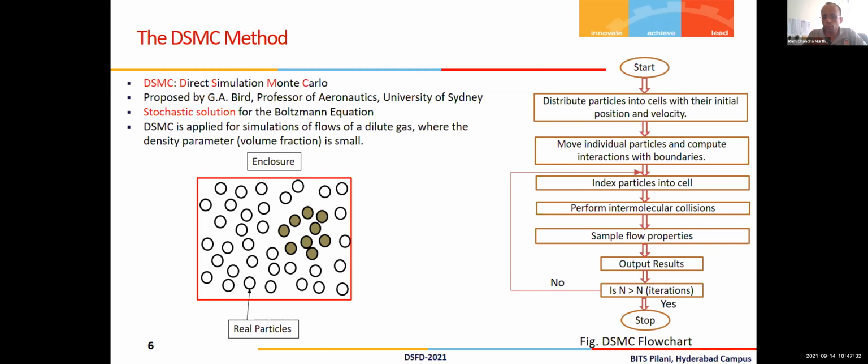And you move those small number of simulated particles in the flow domain to extract the relevant physics. So initially we assign the random positions and velocities. And after a small time step, we move the particles and compute their interactions to the boundaries and also the interparticle collisions. And once we do this long enough, we get sufficient data to average that out and sample the flow properties. So that's the basic idea.